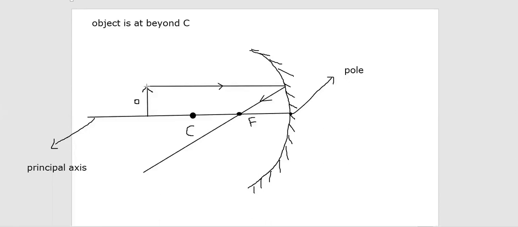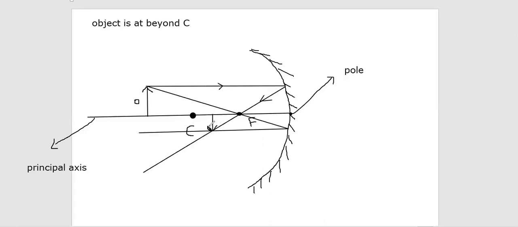If a ray of light is coming and passing through the focus and touching the concave mirror, after touching the concave mirror the ray of light will be reflecting parallel to the principal axis, and you'll be getting an image there, like this.